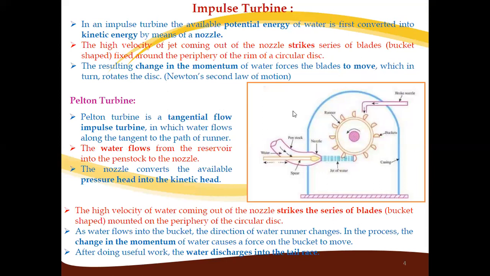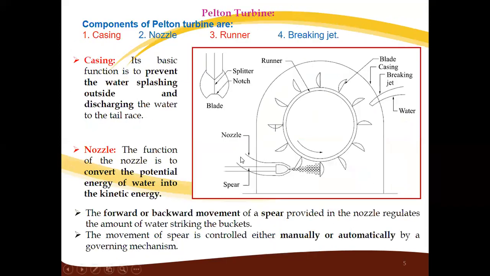So we'll see the different components of this Pelton wheel. The first component is the casing. So this part is the casing. The second component is the nozzle. In it, this is the spear by which we can increase or decrease the flow rate or velocity of the water flow. Next, we have the runner.